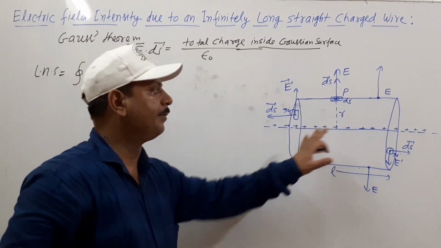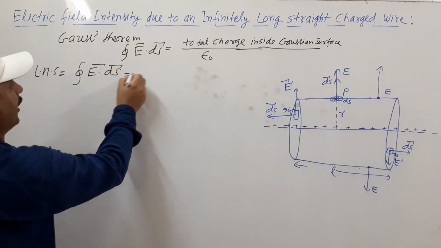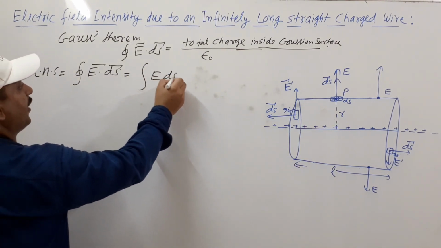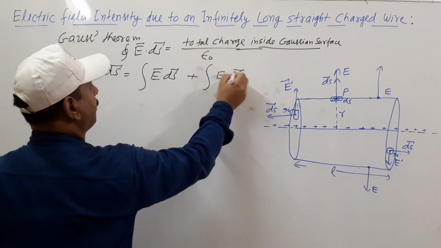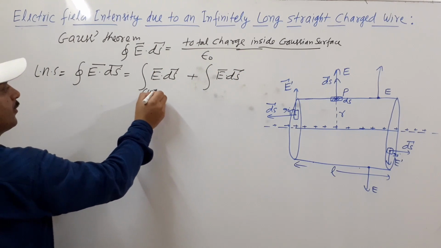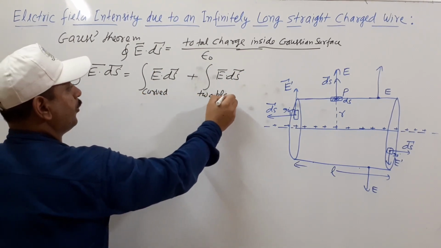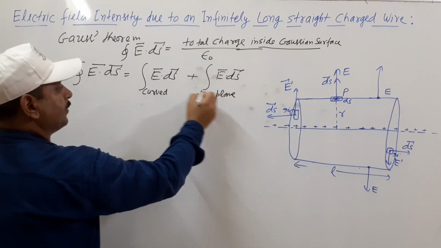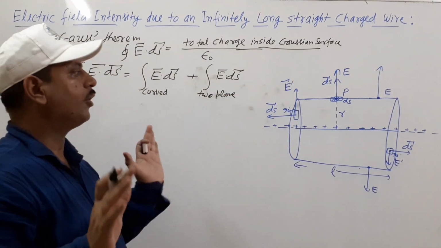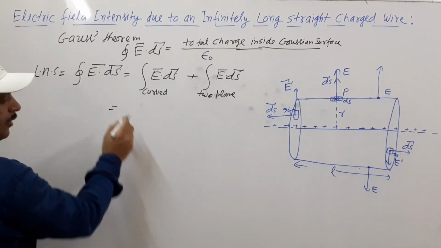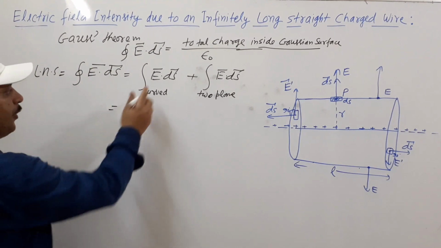So this surface I am dividing into two parts. One is what? Curved surface, and another is what? Plane surface. This is curved plus two end plane surfaces. Then the total will be the Gaussian surface. For curved surface I have told the angle between E and ds is 0.